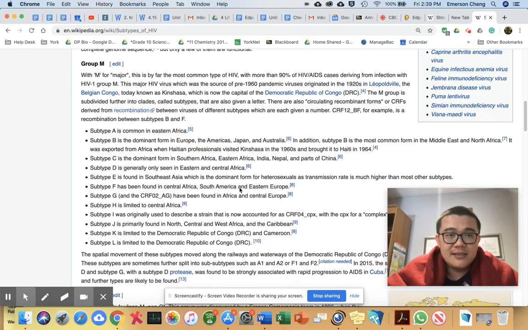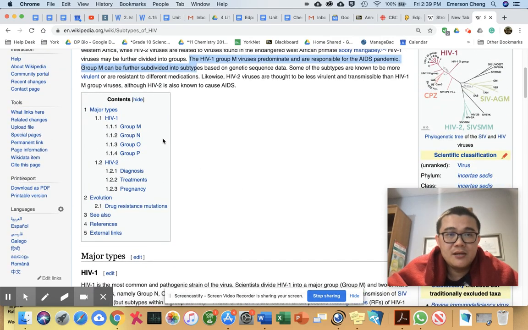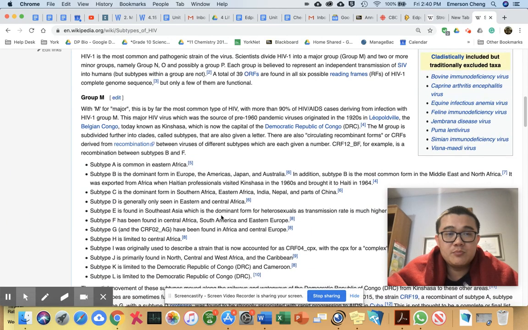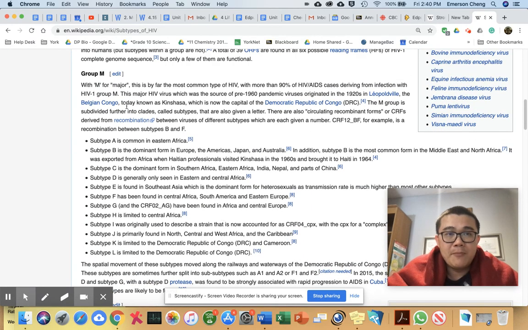Now, in this case, if you look at the group, HIV 1 has four different groups, but if you look at just the major group, you have 12 different subtypes. And these subtypes, as I said before, are found in different geographical areas.